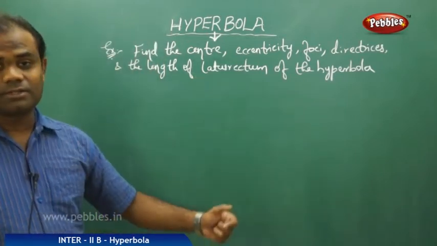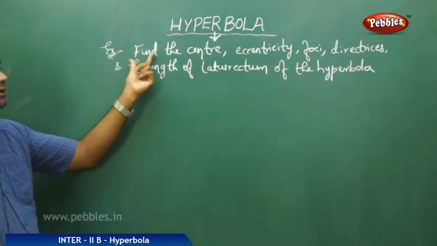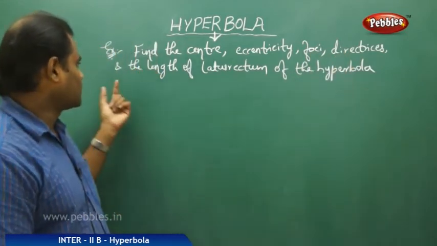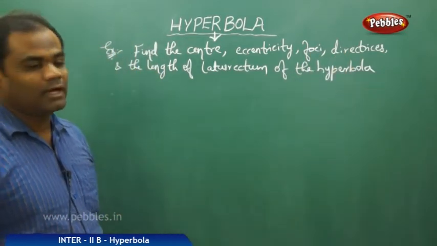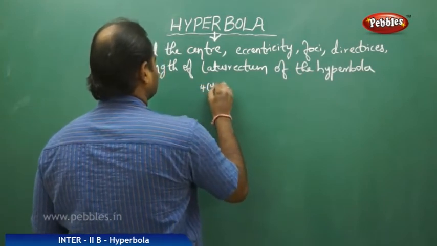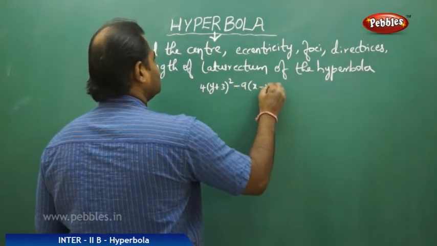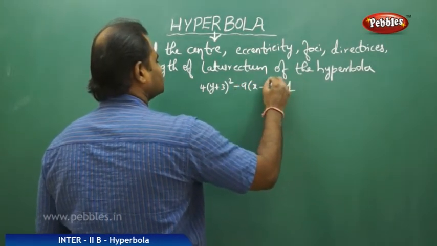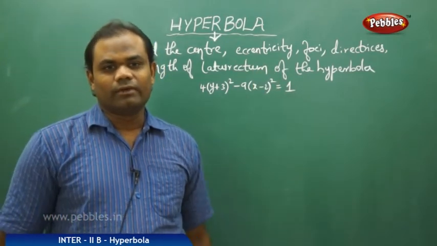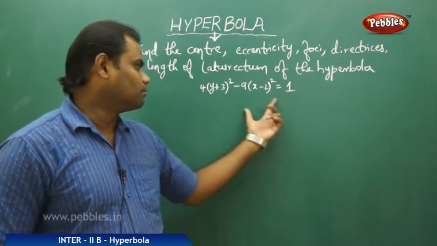The question says: find the center, eccentricity, foci, directrices and the length of latus rectum of the hyperbola given by the equation 4 times ... equals 1. This is how we get the equation of the hyperbola in this form.